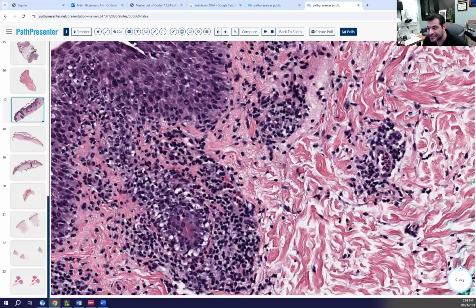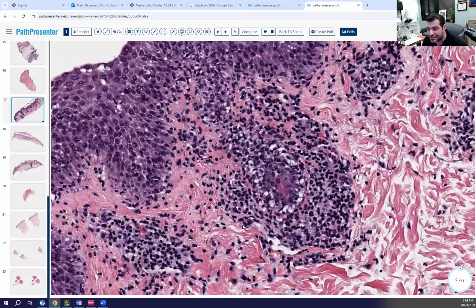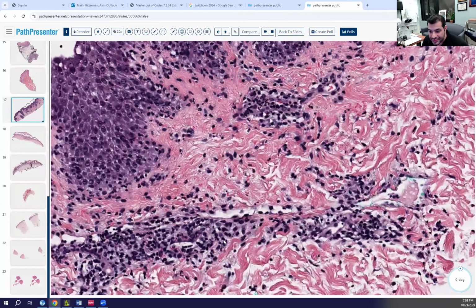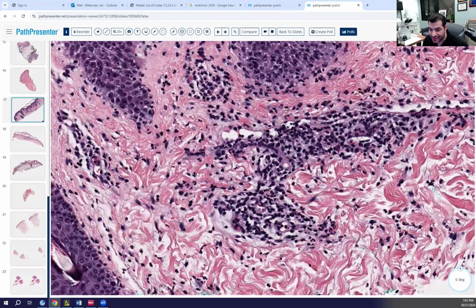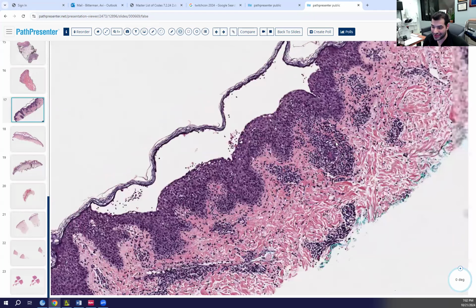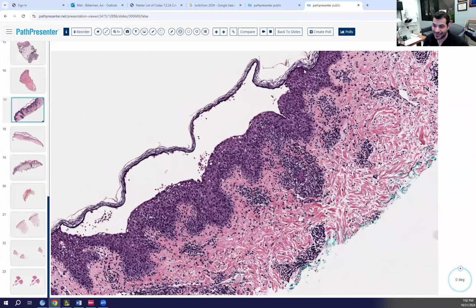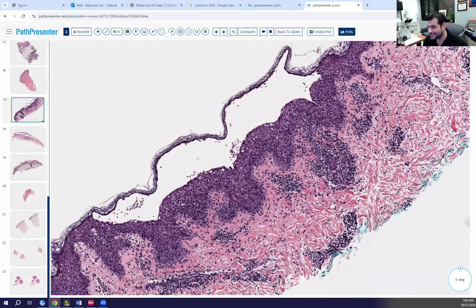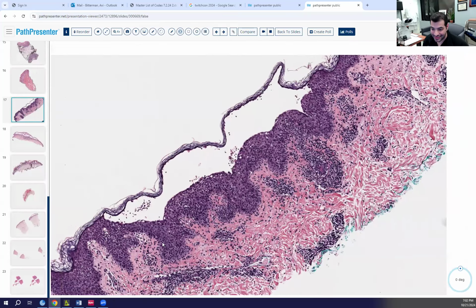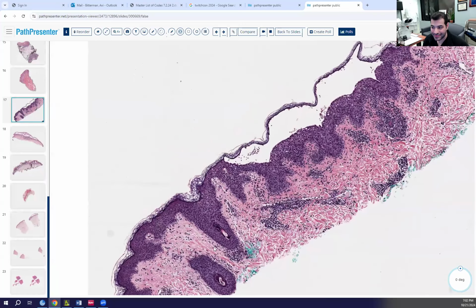This might be neutrophils. But yes, mostly lymphocytic, though there's definitely an infiltrate here. There's at least a superficial perivascular infiltrate, and then there's a subcorneal split.